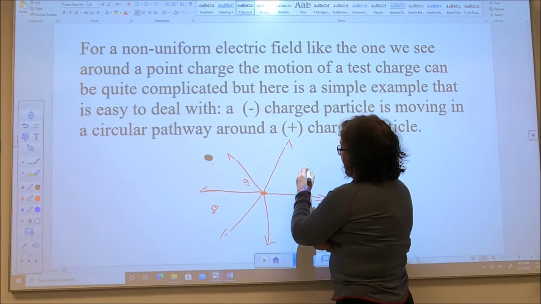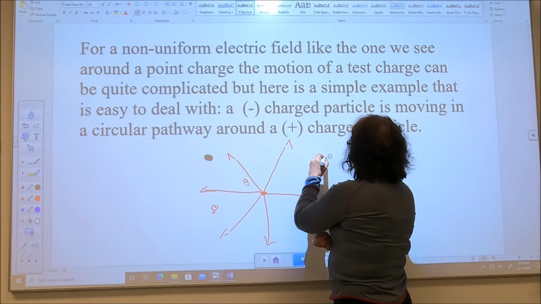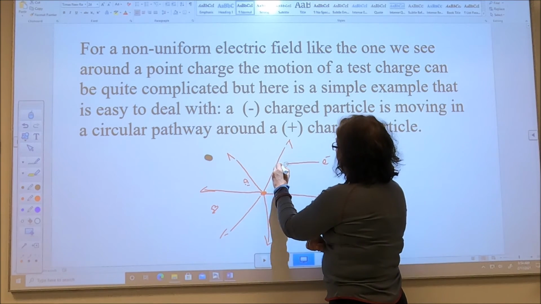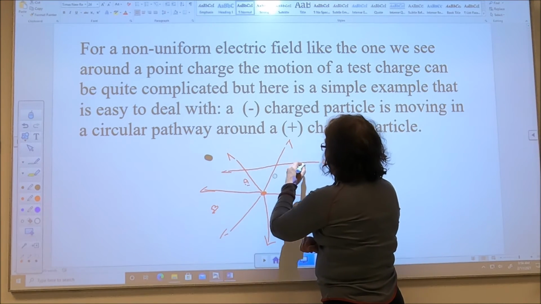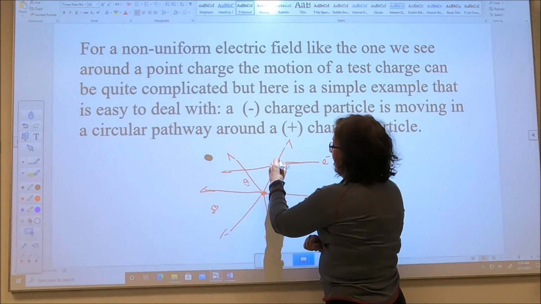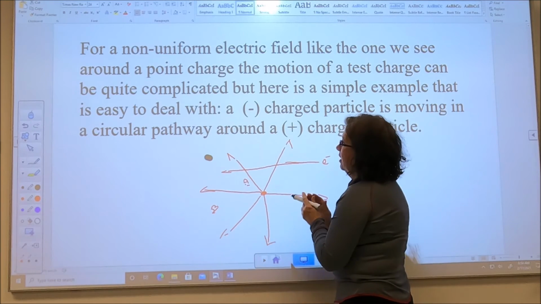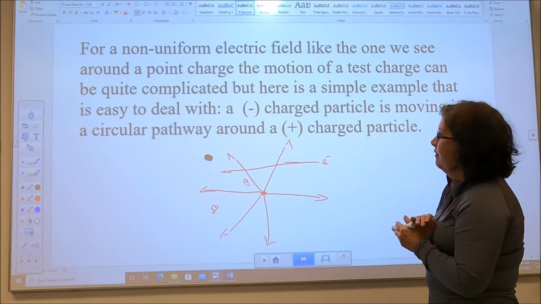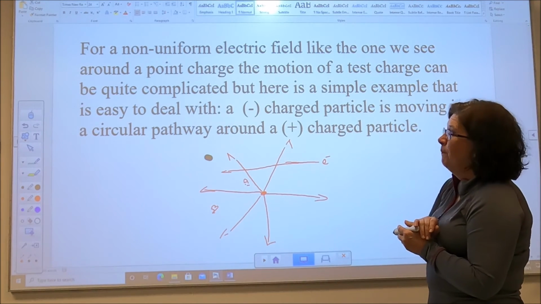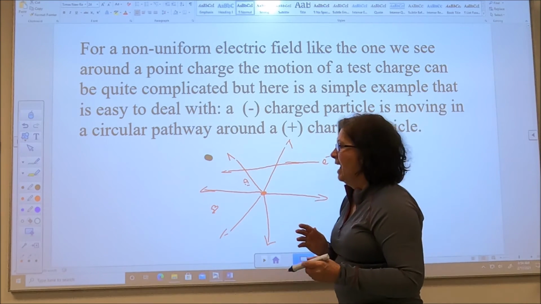So if I am an electron moving through here, headed on a trajectory like this, every place that I go as I'm moving, I'm experiencing a different strength electric field and a different force. So we don't want to look at every case here.